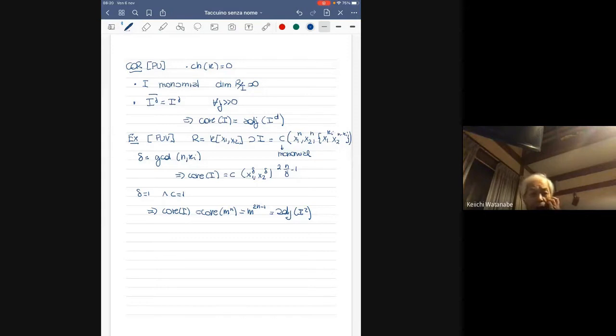And actually this was asked by Craig Huneke, whether for an ideal of dimension 0, it suffices for the core to be integrally closed, to be the adjoint. And this actually was answered partially by my student, Kohlhaas.